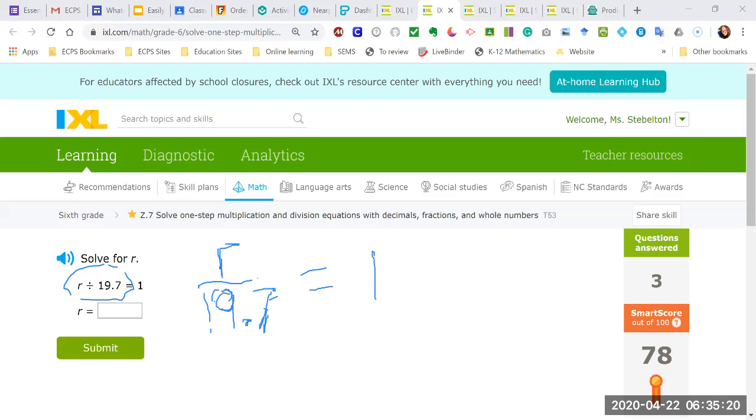Now, because we are dividing by 19.7, in order for us to get R by itself, we have to get that 19.7 across that equal sign. And the only way to do that is opposite operation, which is, again, multiplication. So I'm going to do times 19.7. That cancels it out here, and I have to multiply by the same thing on the other side.